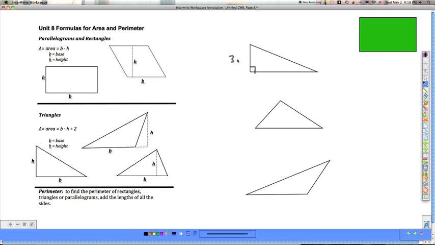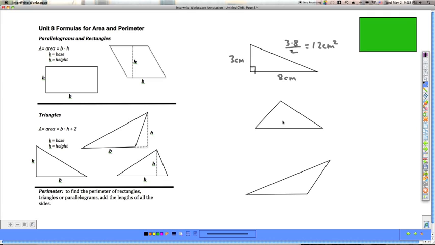Let's say I measure that to be 3 centimeters, and I measure this and I find that that is 8 centimeters. Then the area of that is just going to be 3 times 8 divided by 2. 3 times 8 is 24. 24 divided by 2 is equal to 12 square centimeters.